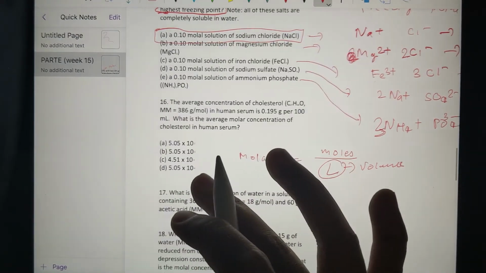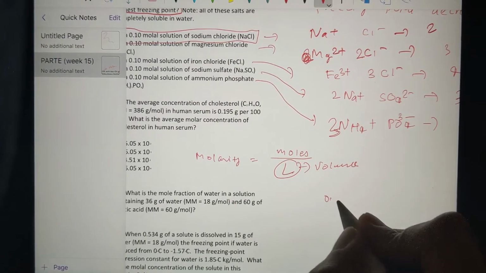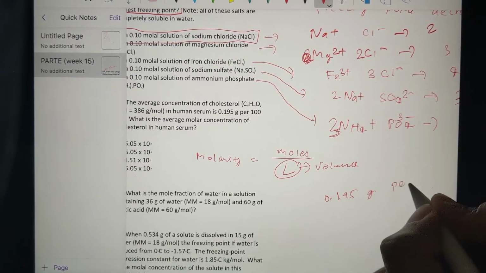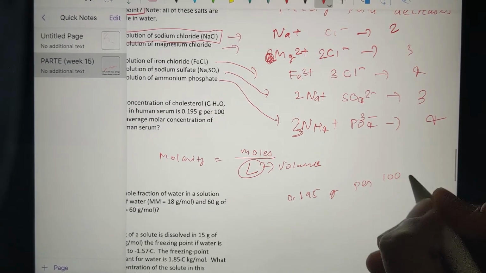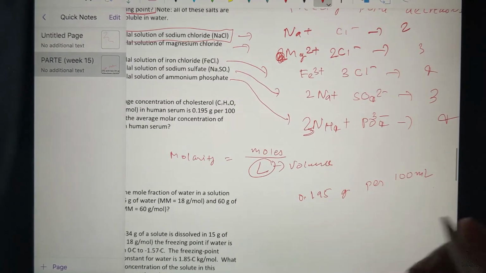Okay, so it's given here, you have 0.195 grams per 100 ml. What does that mean?